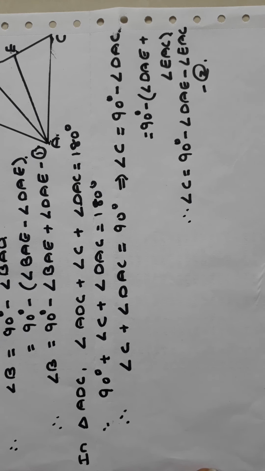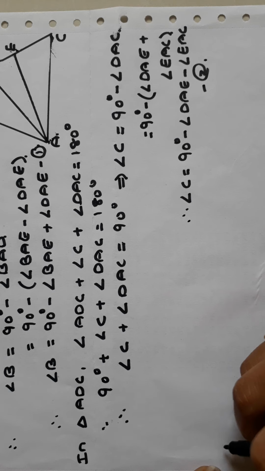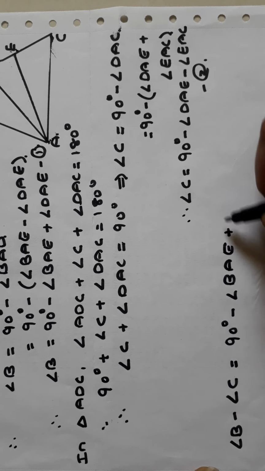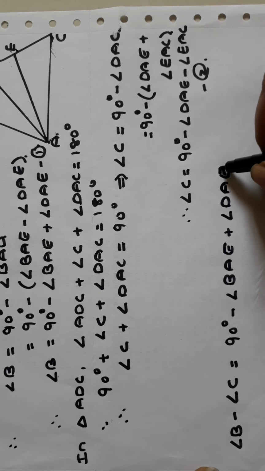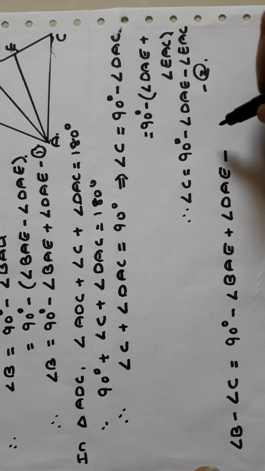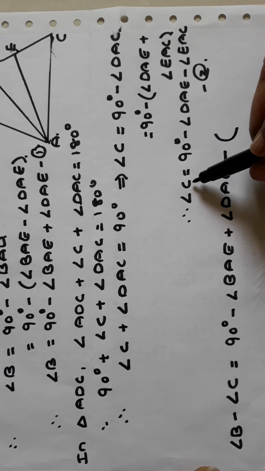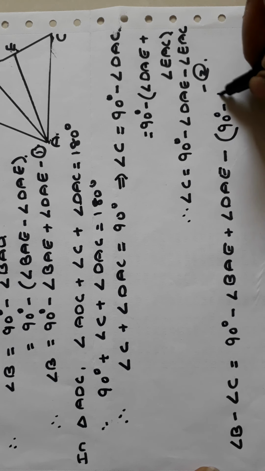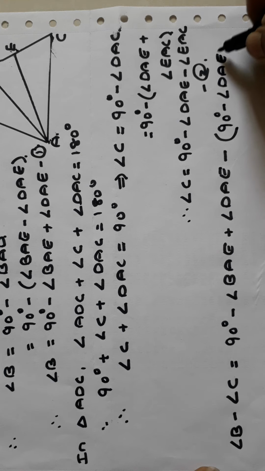Now subtract first and second. Angle B minus angle C. Angle B is 90 degrees minus angle BAE plus angle DAE, minus. Now when you write for angle C, you have to put a bracket. 90 degrees minus angle DAE minus angle EAC.